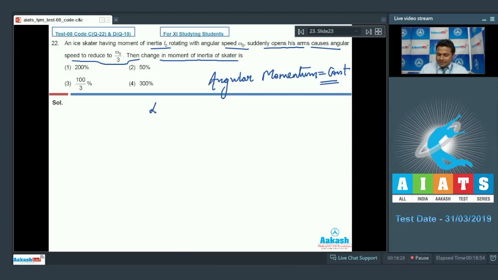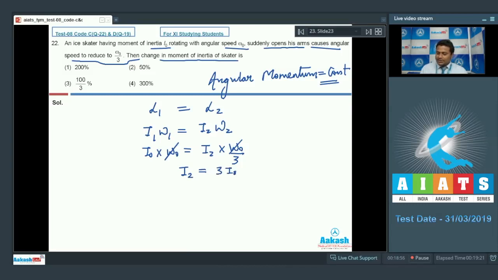Means L1 must be equal to L2. L is what? I into omega. So I1 omega 1 equals I2 omega 2. I1 is given as I naught, omega 1 is omega naught, equals I2 times omega 2, which is omega naught by 3. Cancel out, we get the final moment of inertia is thrice the initial.